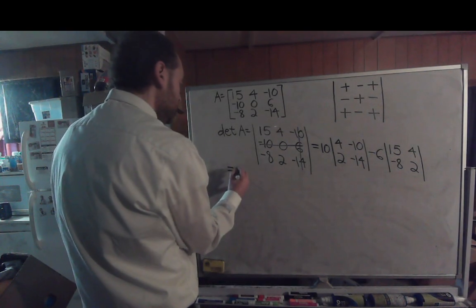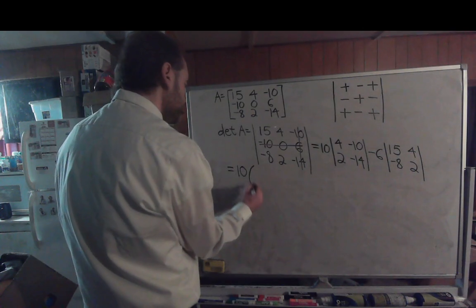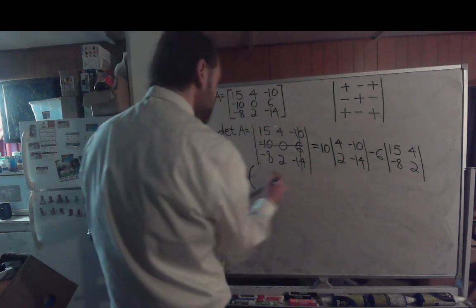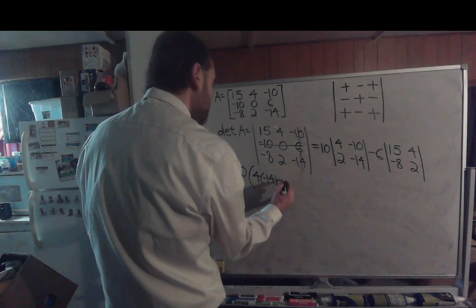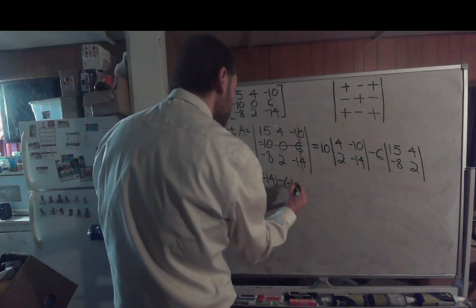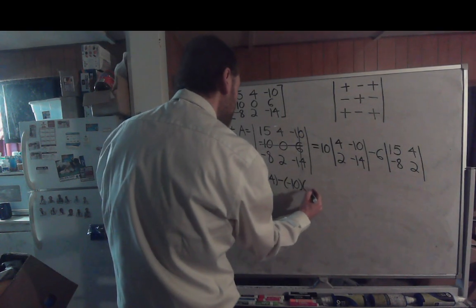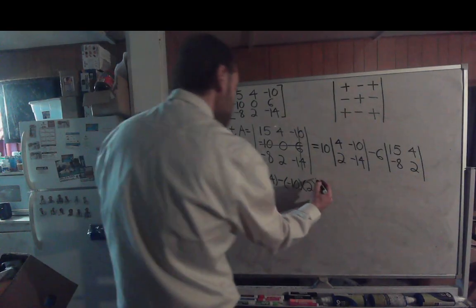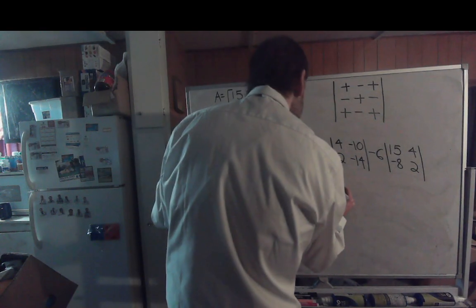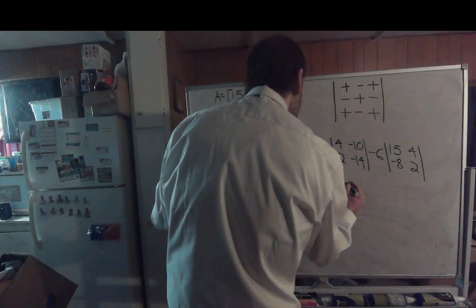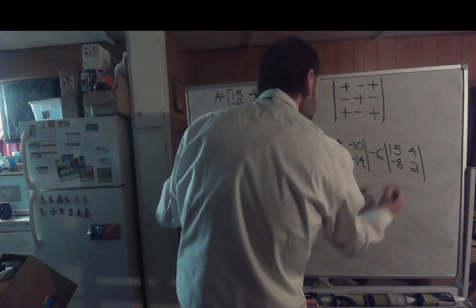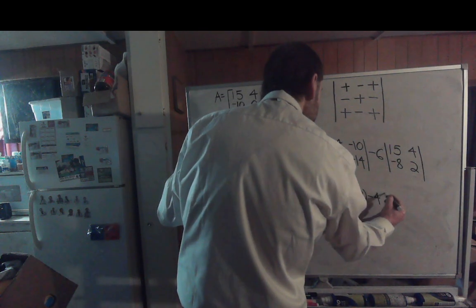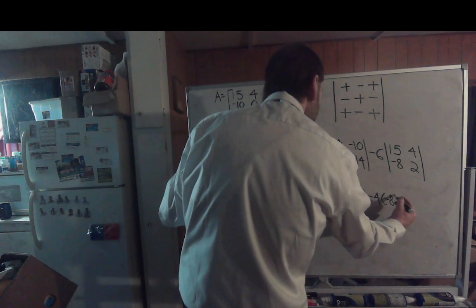So now we just deal with two of these 2 by 2 determinants. So we'll take 10 times the first determinant, so 4 times negative 14, minus negative 10 times 2. All that, let's see, minus 6 times the other determinant, so 15 times 2, minus 4 times negative 8.